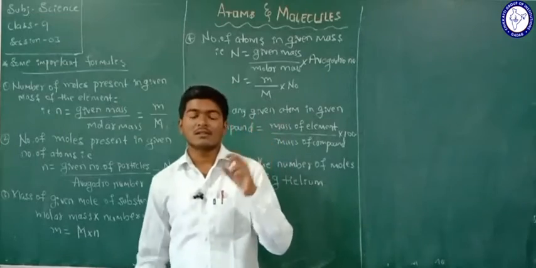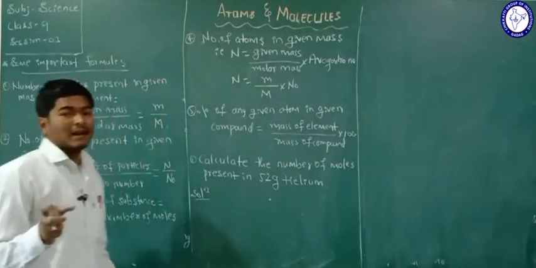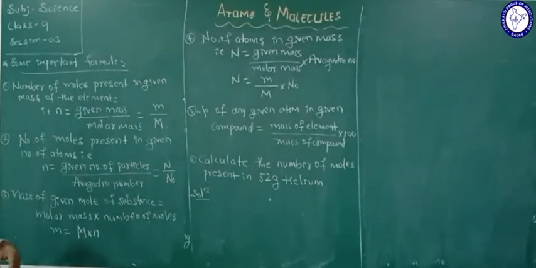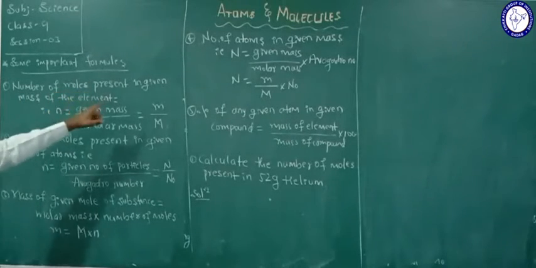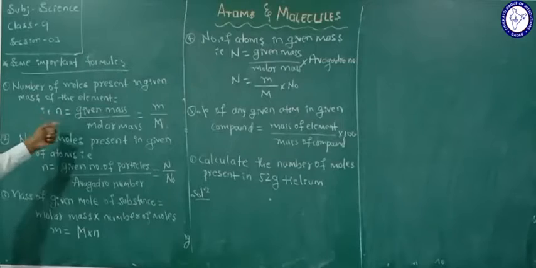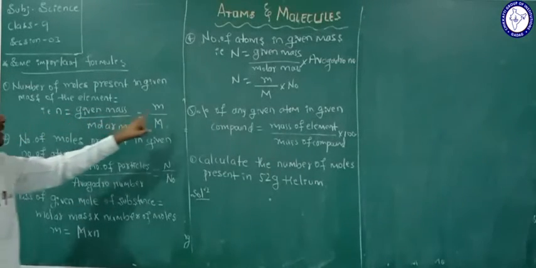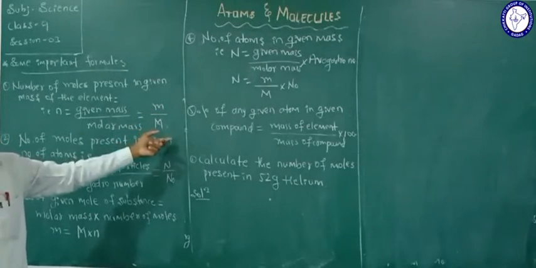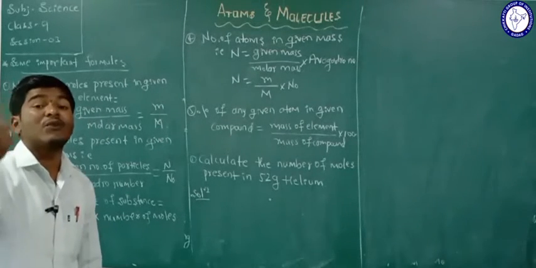If they ask how many moles are present in a given mass of the compound, that can be calculated using this formula: number of moles equals given mass divided by molar mass, that is n equals m, the given mass, in small m, and the molar mass in capital M. Using this formula we calculate the number of moles present in a given mass of the compound.